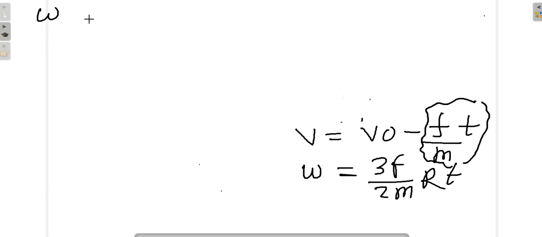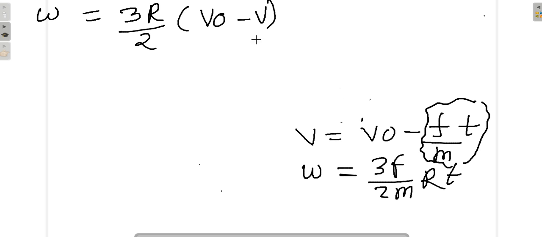So we have omega equal to 3r upon 2, and Ft upon m is v naught minus v, and of course for pure rolling you can write omega as v upon r.